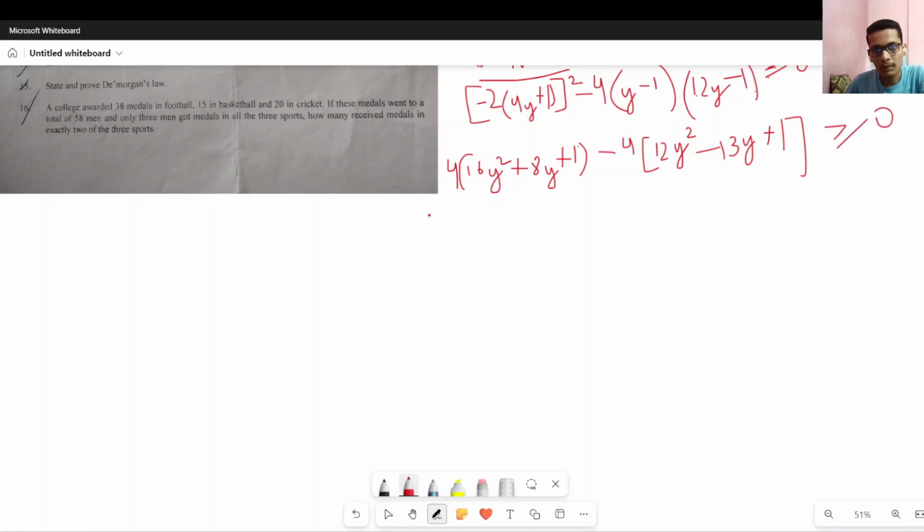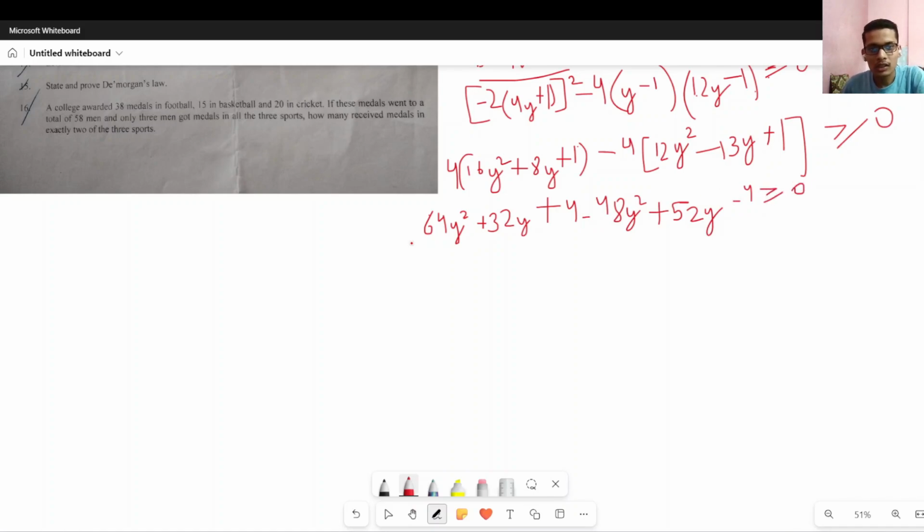Next, multiplying this 4 inside, this will be 64y square plus 32y, then plus 4, then negative 48y square, then positive 52y, then negative 4, greater than or equal to 0.